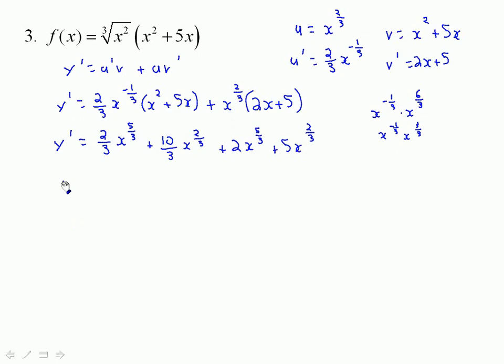So y prime, we would have to add the 2/3 plus the 2. Now you can use your calculator to add those fractions, or you can get common denominators. 2 is 6/3. So y prime, 2/3 plus 6/3 is 8/3, x to the 5/3.